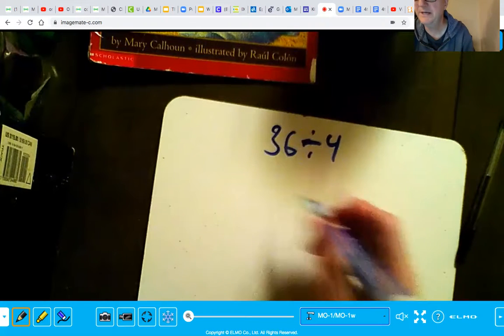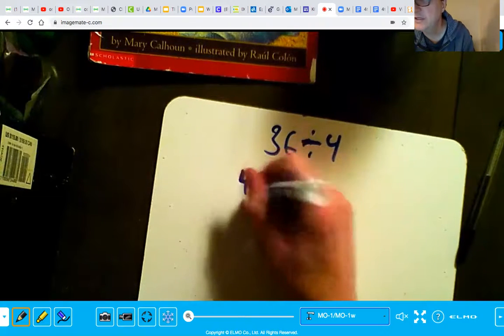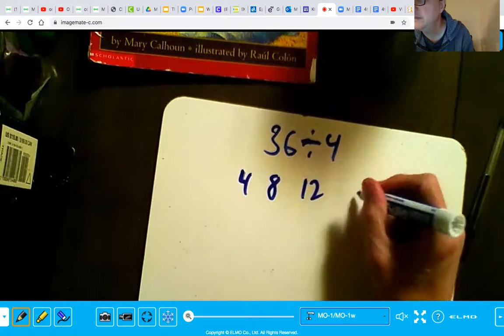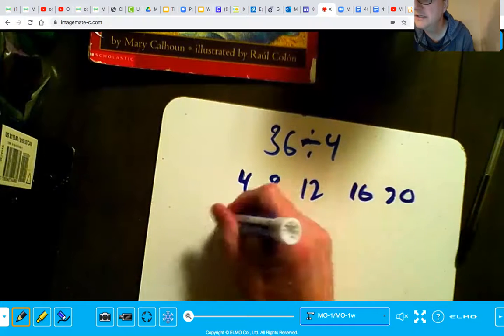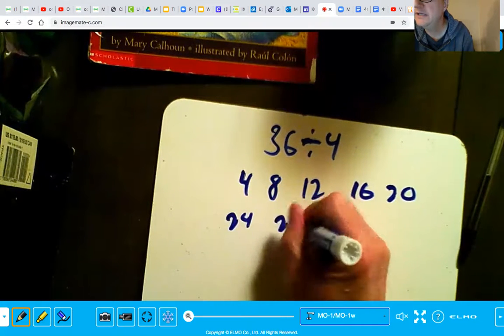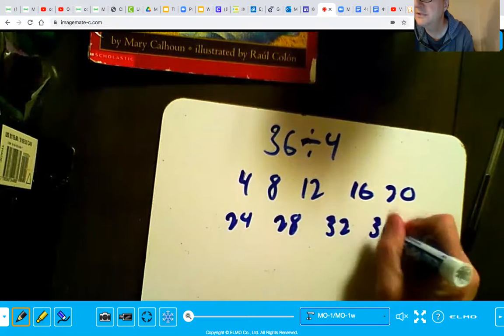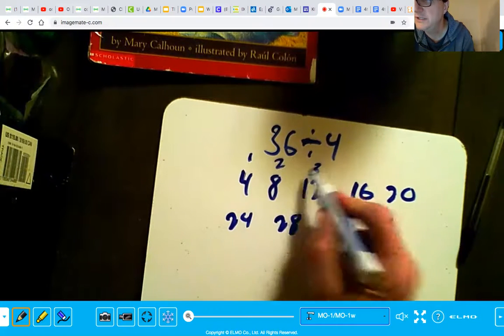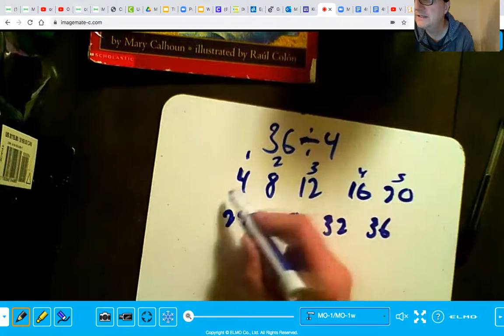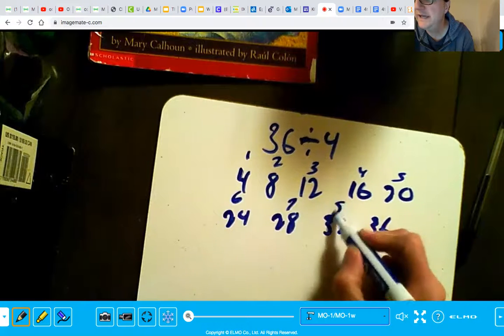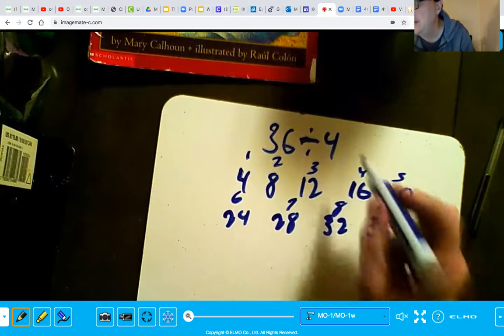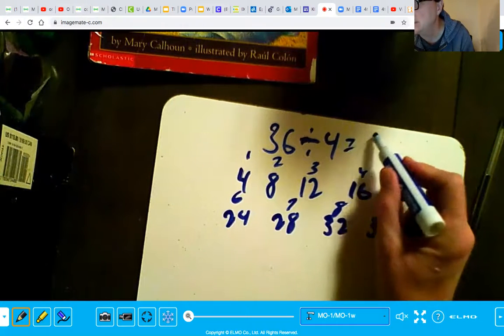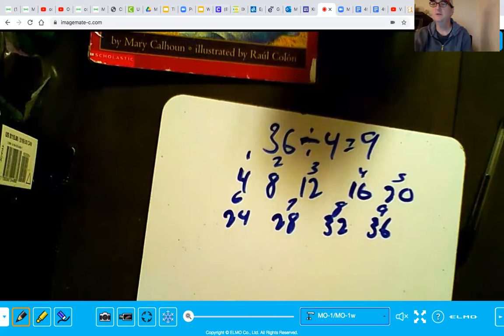And let's just skip count by 4 so we get to 36. 4, 8, 12, 16, 20, 24, 28, 32, 36. Now let's see how many groups of 4 there are. 1, 2, 3, 4, 5, 6, 7, 8, 9. So there are 9 groups of 4 in 36. So 36 divided by 4 equals 9.